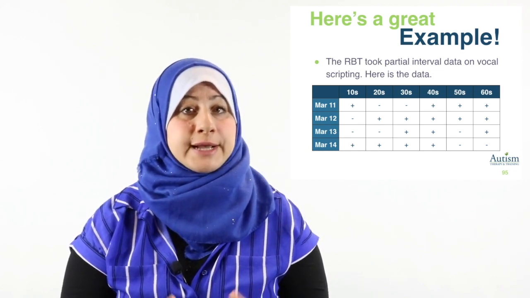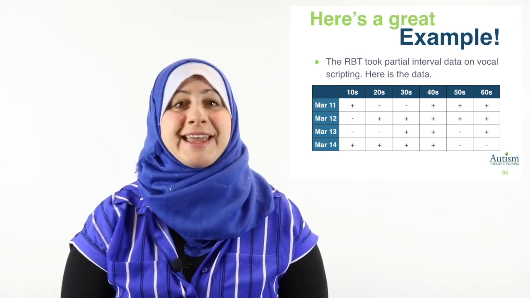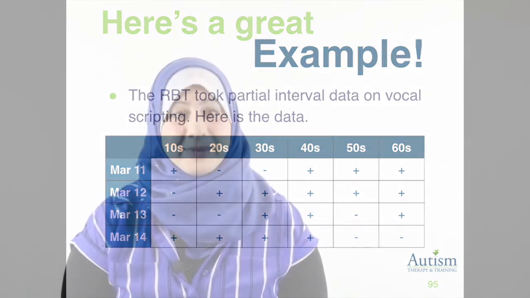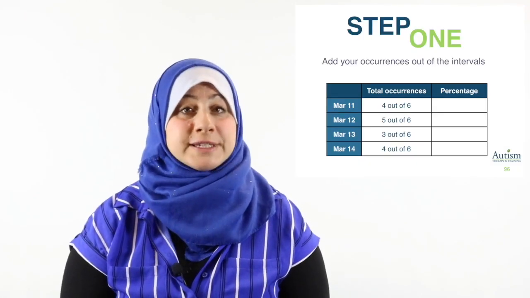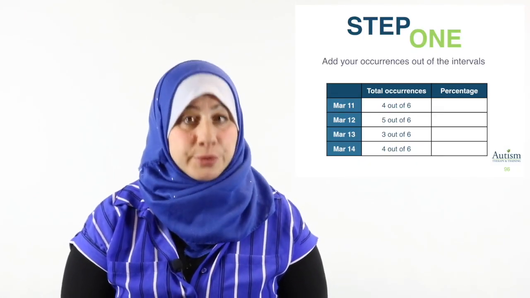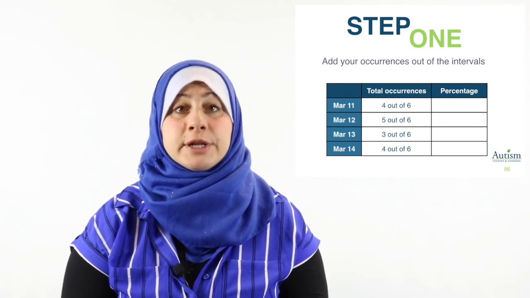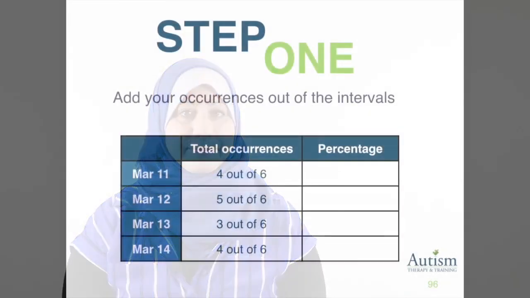The answers are on the next slide, but take a moment and input this data. You should have gotten 4 out of 6, 5 out of 6, 3 out of 6, and 4 out of 6. Now take this information and convert it into percentage data.